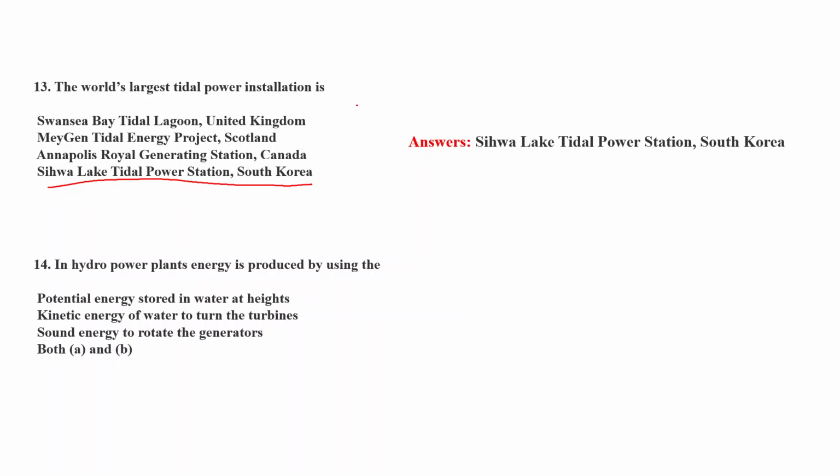In a hydropower plant, energy is produced by using the kinetic energy of water to turn the turbines and the potential energy stored in water at heights. So both the potential energy stored in water at heights and the kinetic energy of water used to turn the turbines, both A and B are used for the production of energy in hydropower plants.